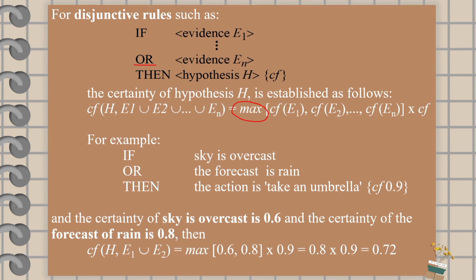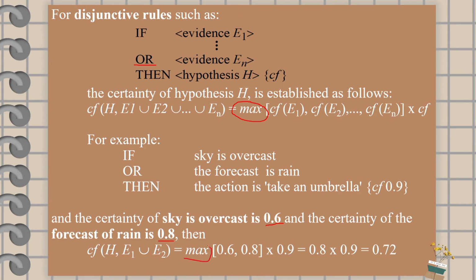For example, if sky is overcast or the forecast is rain, then the action is take an umbrella. The CF is 0.9. The certainty of sky is overcast is 0.6, the evidence 1, and the certainty of the forecast of rain is 0.8, our evidence 2. Then our CF of hypothesis, evidence 1 or evidence 2 equals maximum.